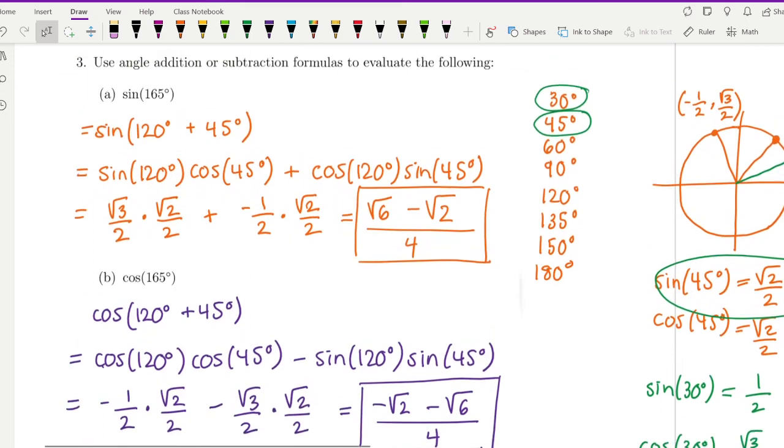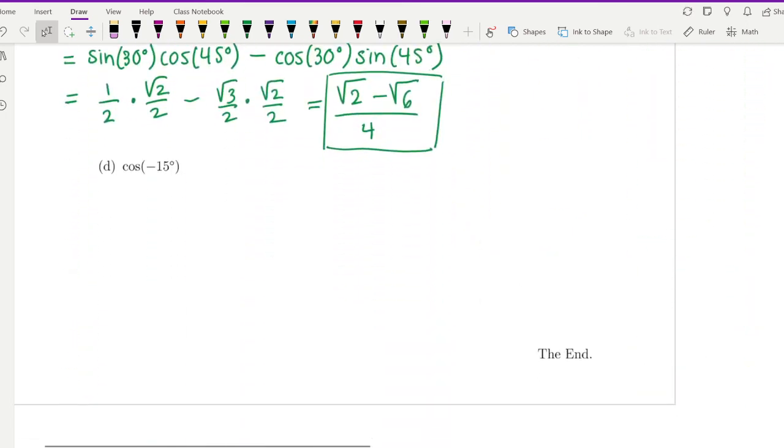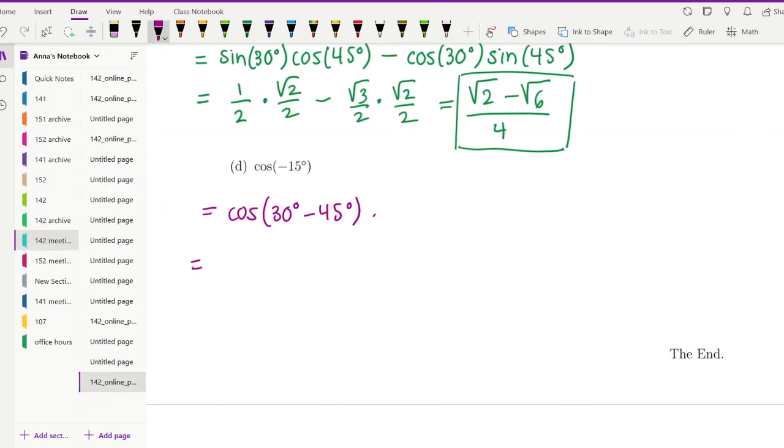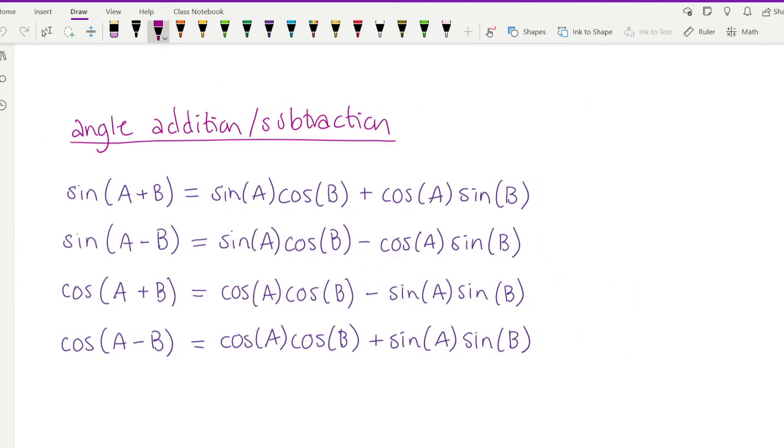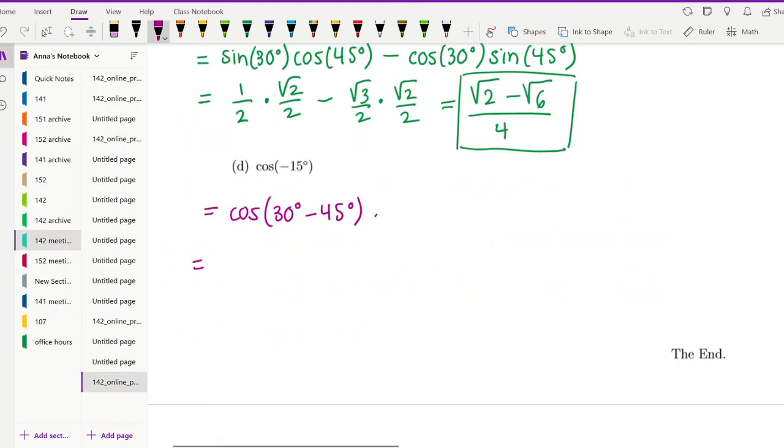Okay, finally we have cosine. What color have I not used yet? I'll use magenta. Cosine of negative 15. So again, we already established that we can write negative 15 as 30 degrees minus 45 degrees. And so in the case of cosine, the formula is going to be cosine of both angles multiplied together and then plus sine of both angles multiplied together.